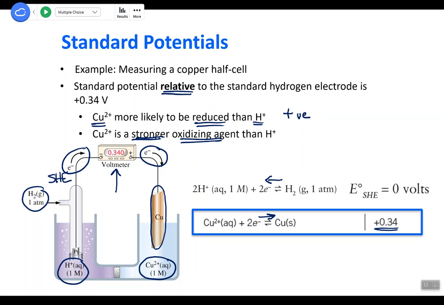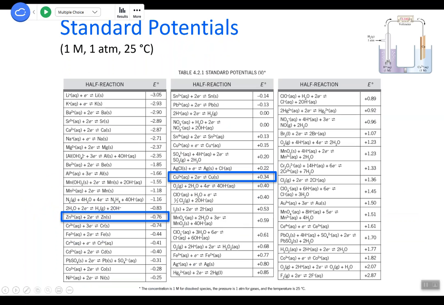And we're going to see this value in this nice table of values in your workbook. Right here, we have a standard potential table of values. And it's going to be in your best interest to get very familiar with looking up data in this table. Here we have copper 2+ in equilibrium, and the measurement from the voltmeter when scientists did this experiment was plus 0.34 volts.